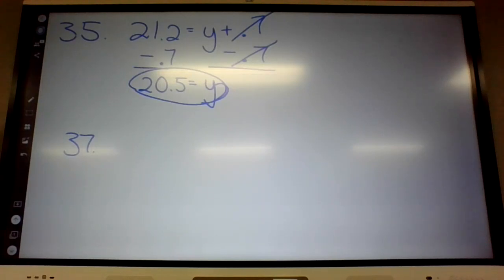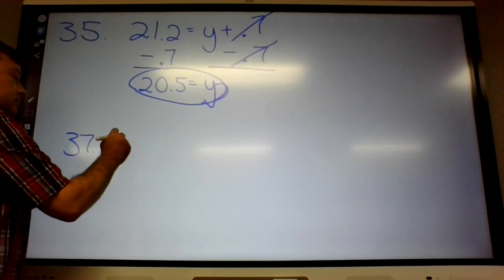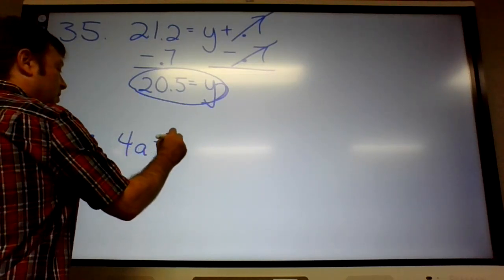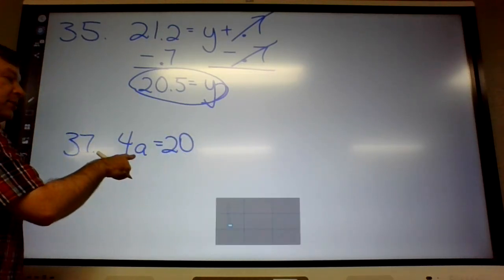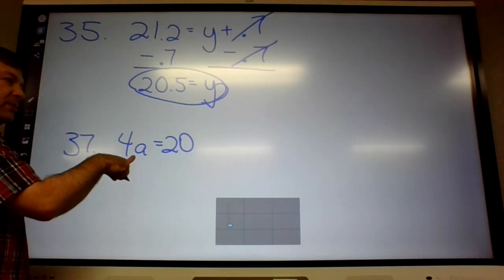Alright, 37. 4 times the number is 20. So write the equation and solve. So Leighton, how do we write 4 times the number is 20? 4 times a number equals 20. Okay, so to show multiply, you just put the number next to the variable.